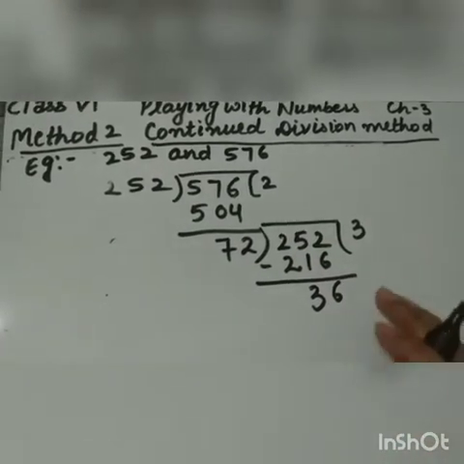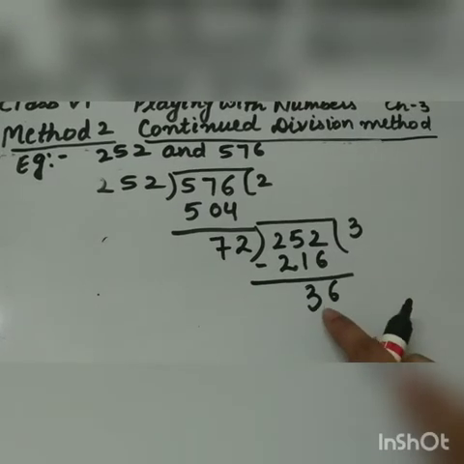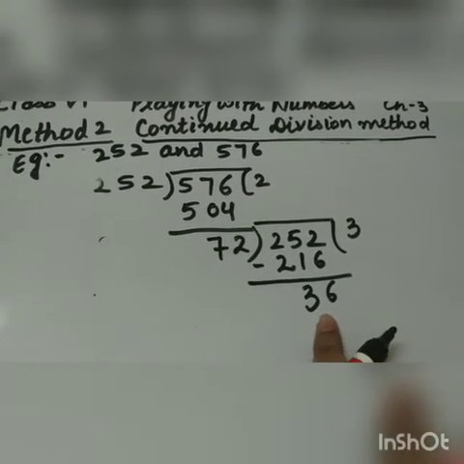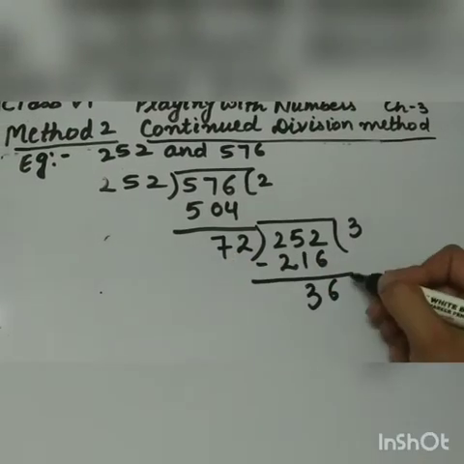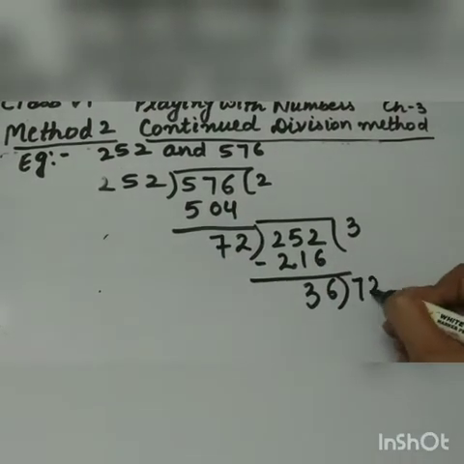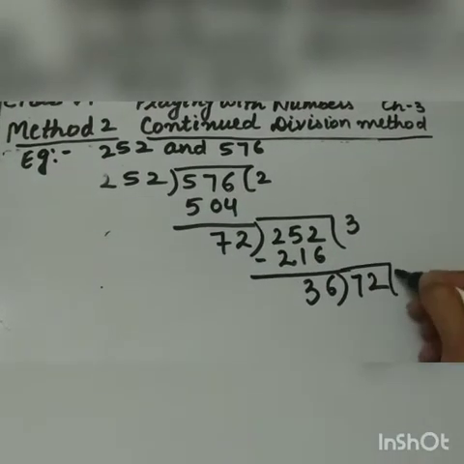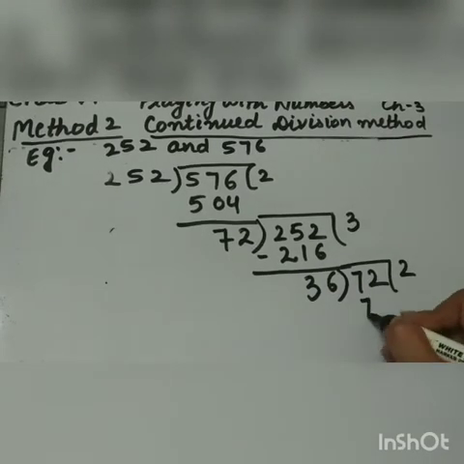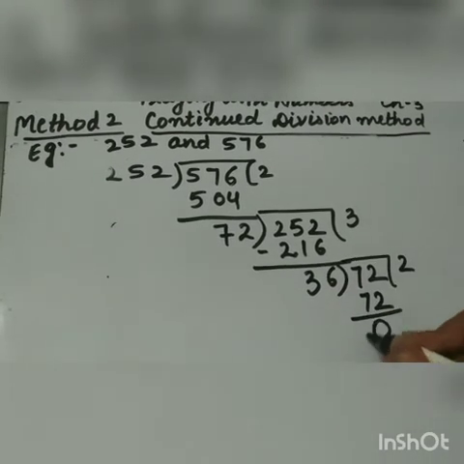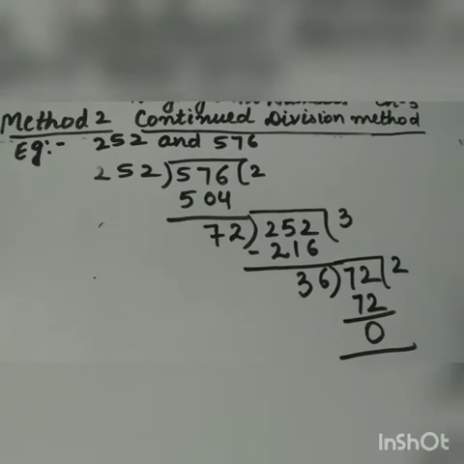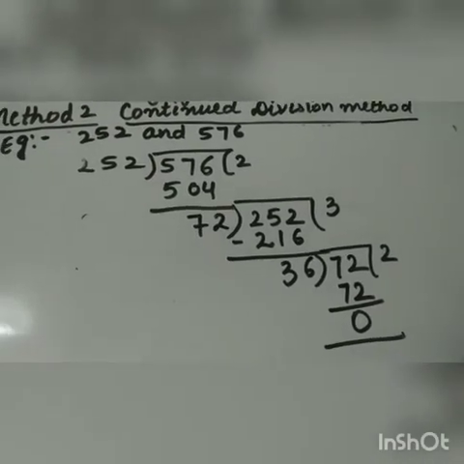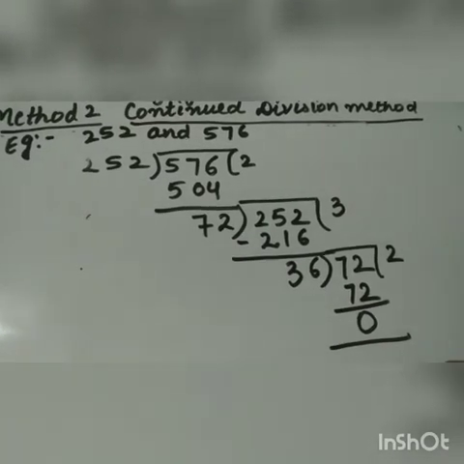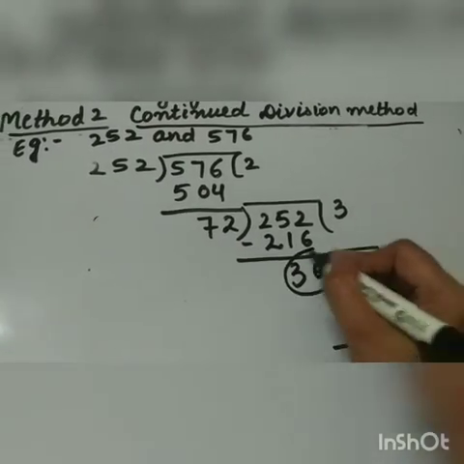Now in the next step, this remainder will become our divisor and this divisor will become our dividend. And 36 twos are 72. Now the remainder is 0, and here is the end. So the last divisor is the HCF, and in this case the last divisor is 36.